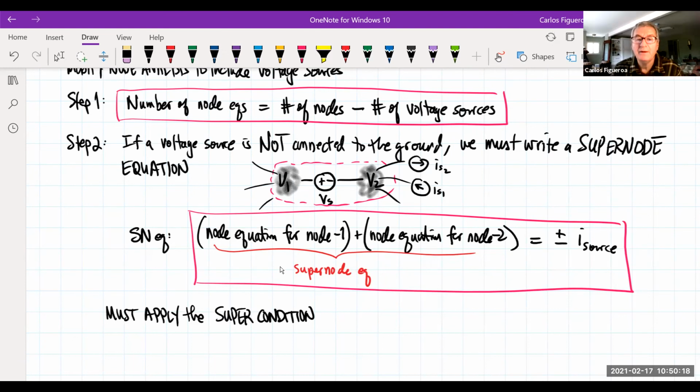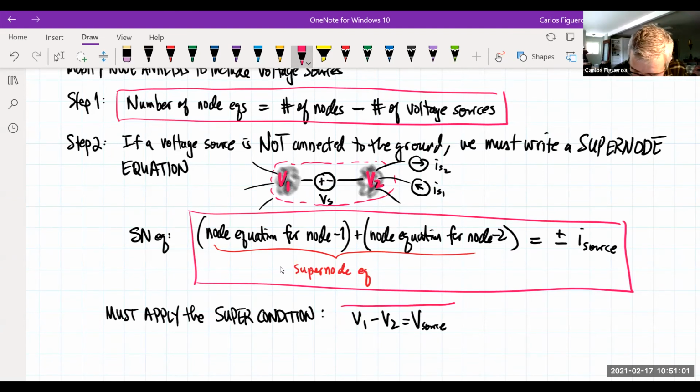When we do an example, it might be clear. So this is a theoretical discussion so that we know how to write this down. But now you got to apply a supercondition. So if I look at my circuit here, note that V1 is positive. You know what? That might be a little bit hard to see. How about if I do it in this color? So V1 is the positive. Then if I apply a supercondition, in this case, it's going to be V1 minus V2, which is V source.